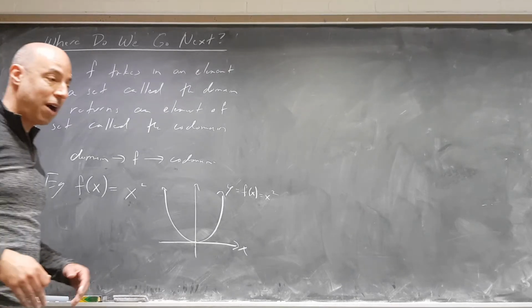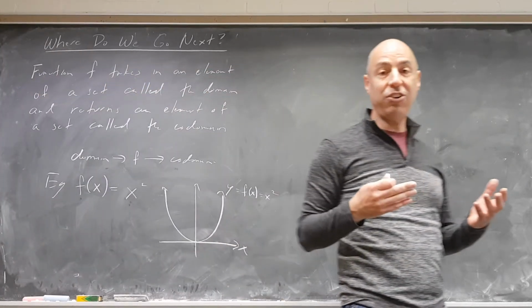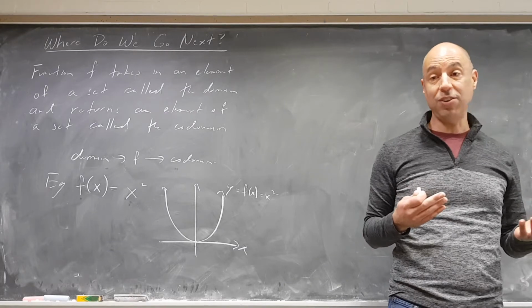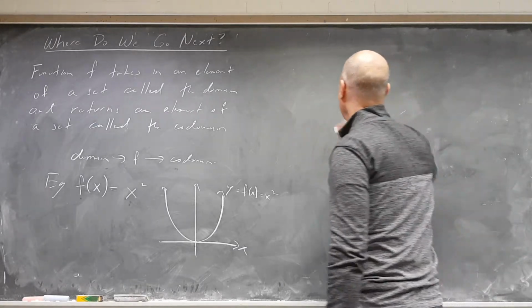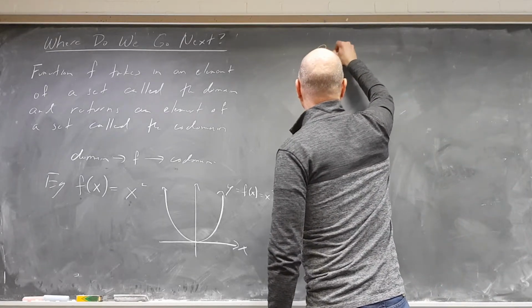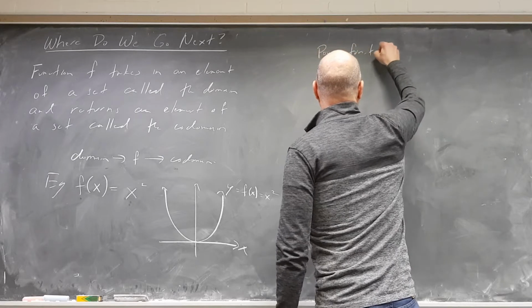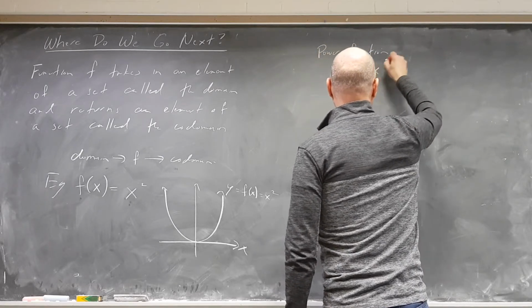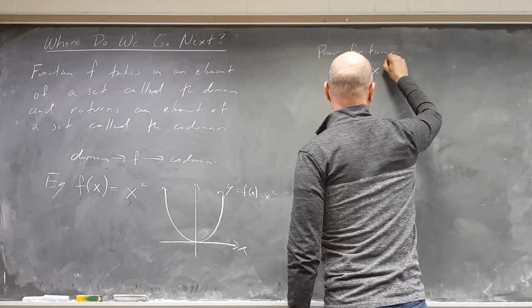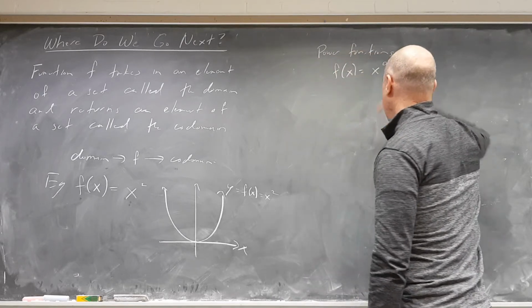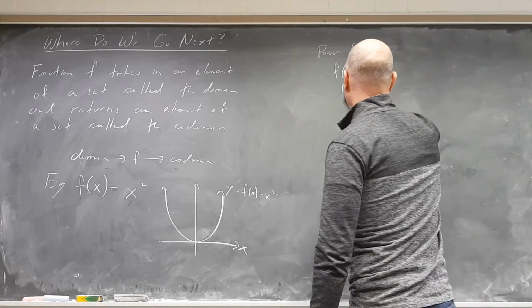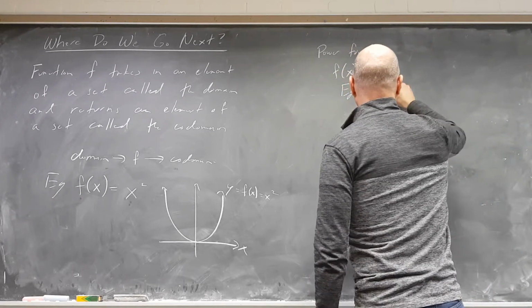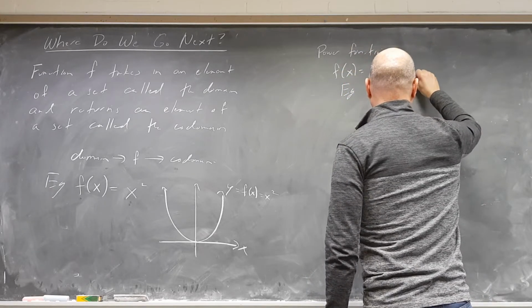And we've talked about a large collection of different kinds of functions in this course. We've talked about power functions. F of x equals x to some power a, where a is just some constant. For example, f of x equals x squared.